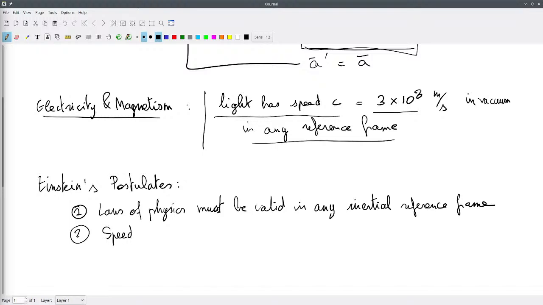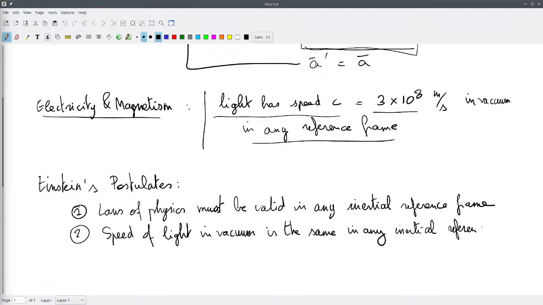That's that the speed of light in vacuum has to be constant, is the same in any inertial reference frame and in any direction.